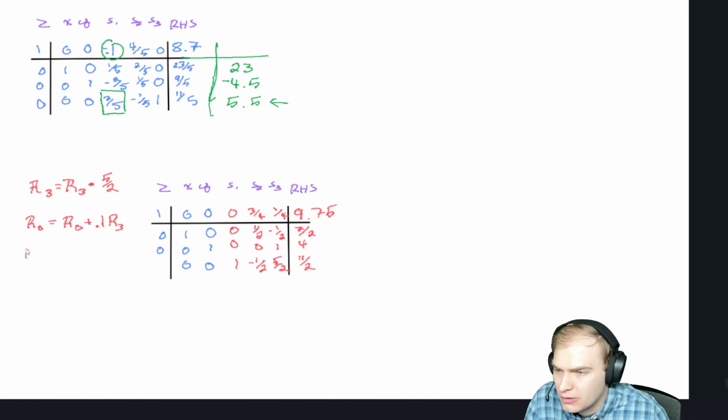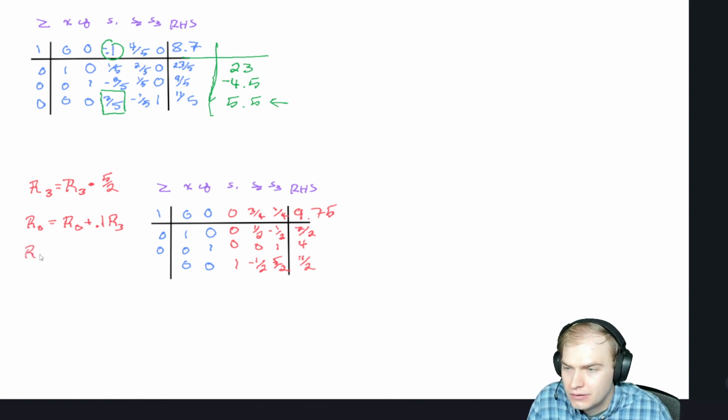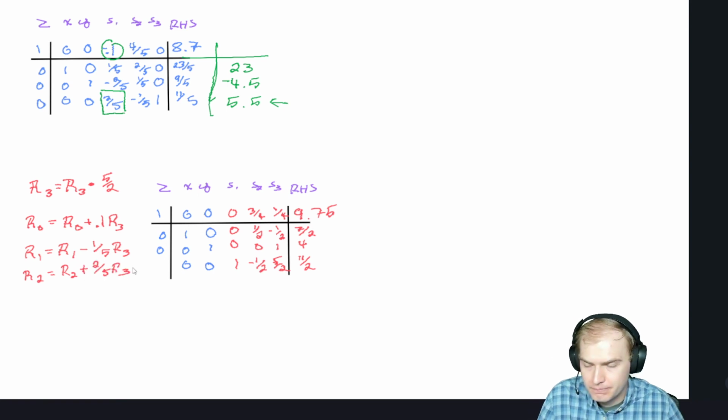And those operations would have been row 1 equals row 1 minus 1/5 row 3, and row 2 equals row 2 plus 2/5 row 3.